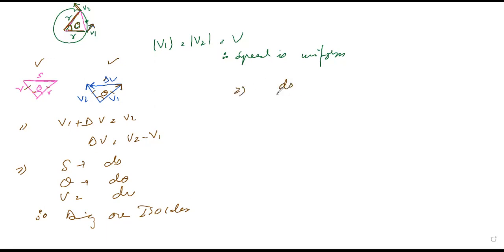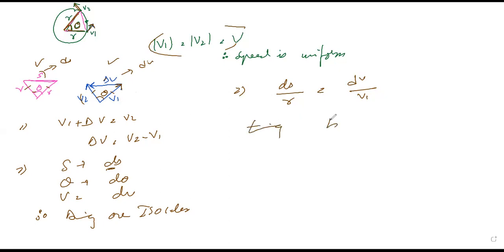This implies that ds from this triangle, s changing to ds in a very small time interval dt, divided by r, must be equal to, in the velocity triangle, del v equal to v2 minus v1, which is dv for a very small interval dt, divided by v1 or v2 or v, it's the same because the speed doesn't change.